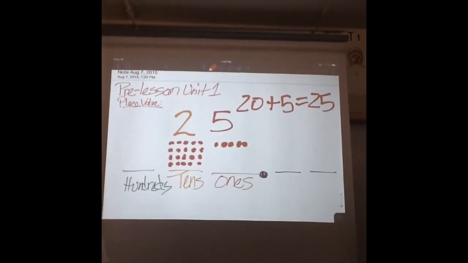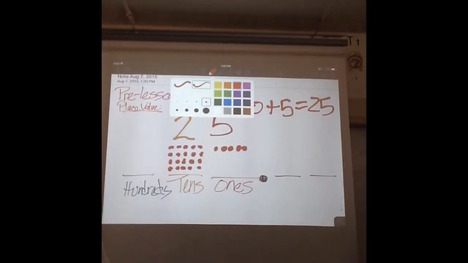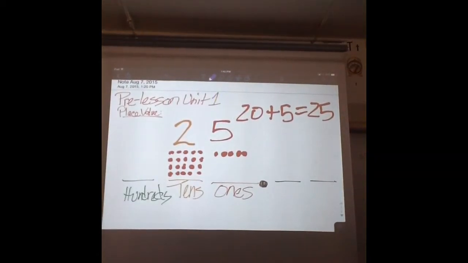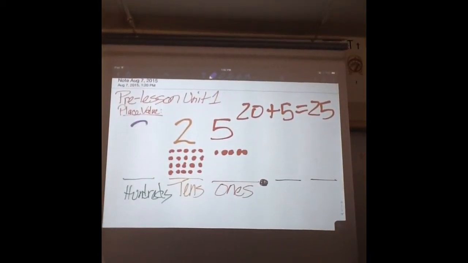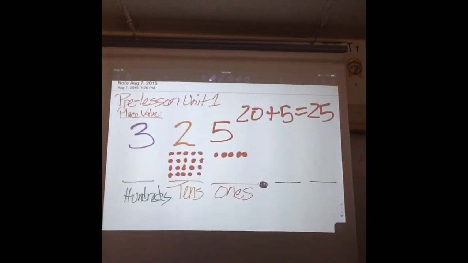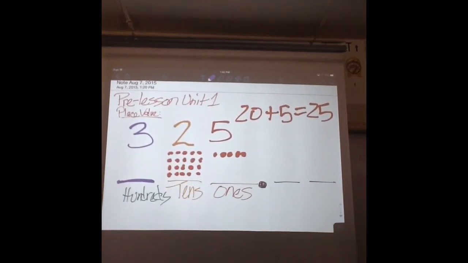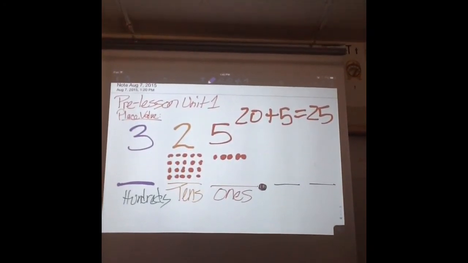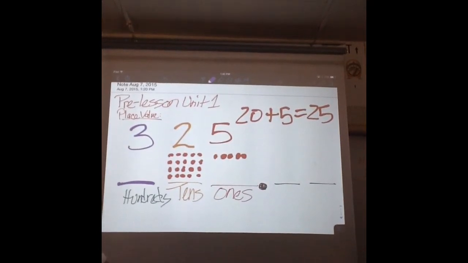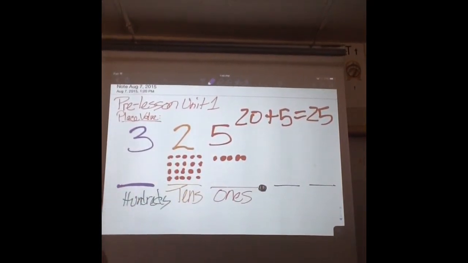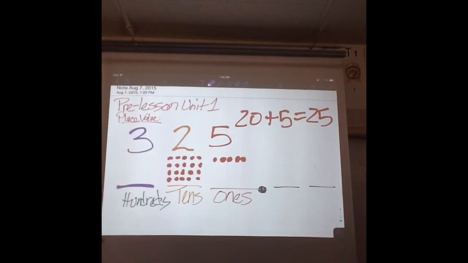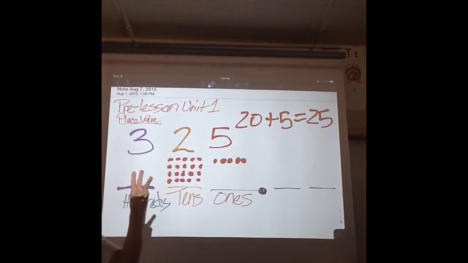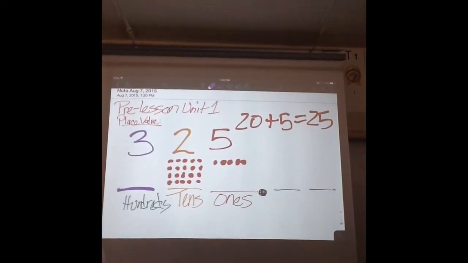Now, what if I did something, and I'm going to call myself crazy for doing this. Let's say I put a 3 here. Wow. How many dots would I have to put for this? 300. You mean I couldn't just put three dots? Oh, no, I can't.